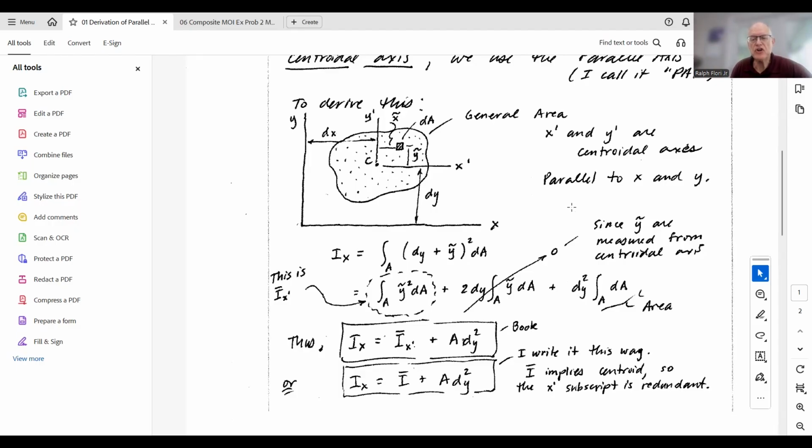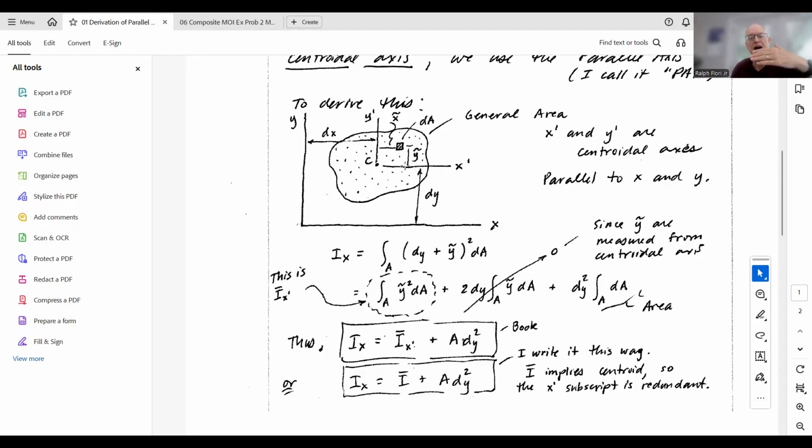But if you look at these terms one by one, remember dy is a constant, so it can be brought out of the integral. So the first term is dy squared times the integral of dA. Well, the integral of dA is just the area, so that's area times dy squared. The second term is 2 dy times the integral of y tilde dA. But this integral is the numerator of a centroid equation, and it's basically the moment of the area around the x prime axis.